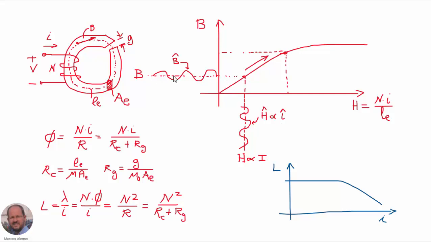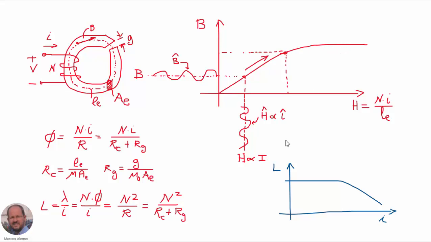Then we are going to generate a given value of the magnetic flux density B and a given value of the AC component of the magnetic flux density. Usually a DC inductor is going to operate here in this linear region, but in this presentation we are interested in what is going to happen if we move this DC operating point close to the saturation part of the BH curve.